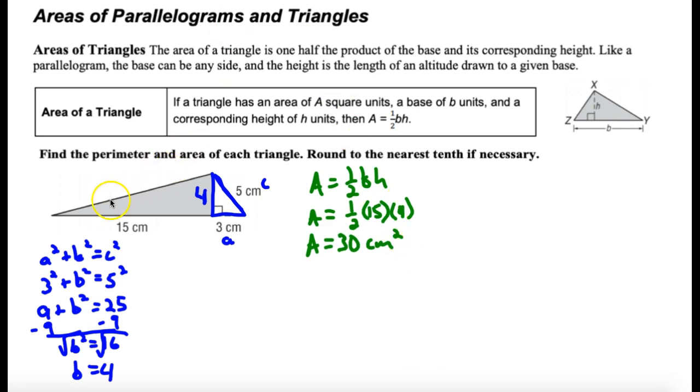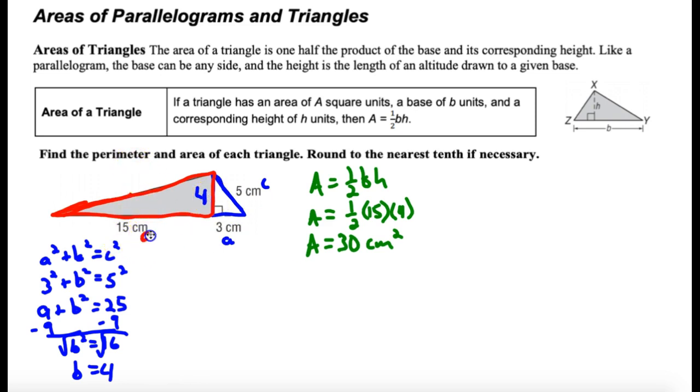But now to find the perimeter, I'm still missing another side. I'm still missing this side right here. Well, we can use Pythagorean theorem again. I know these two sides, I just want to find the hypotenuse.